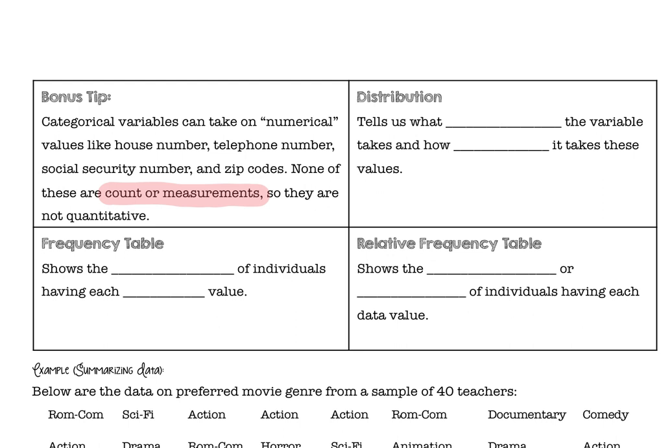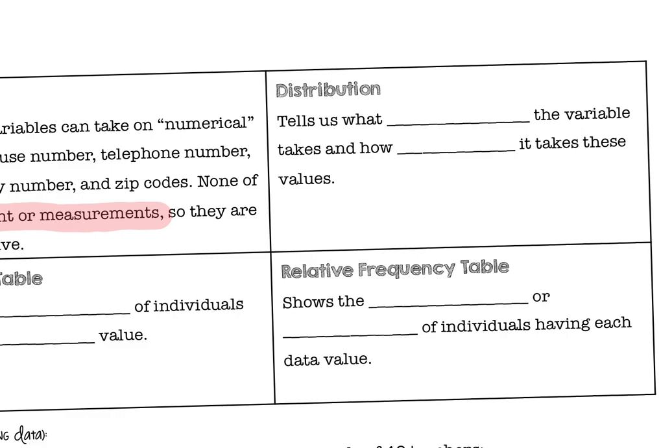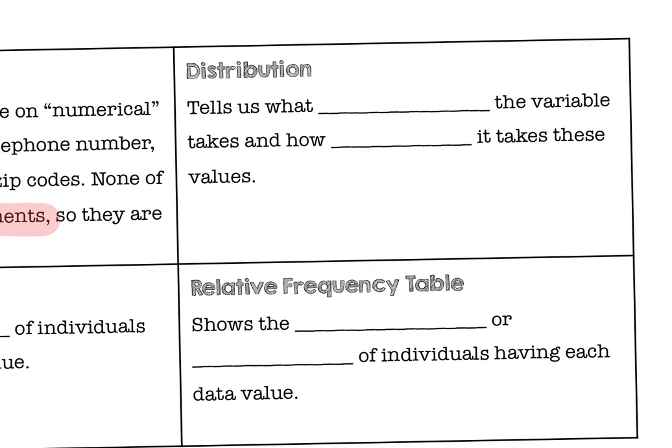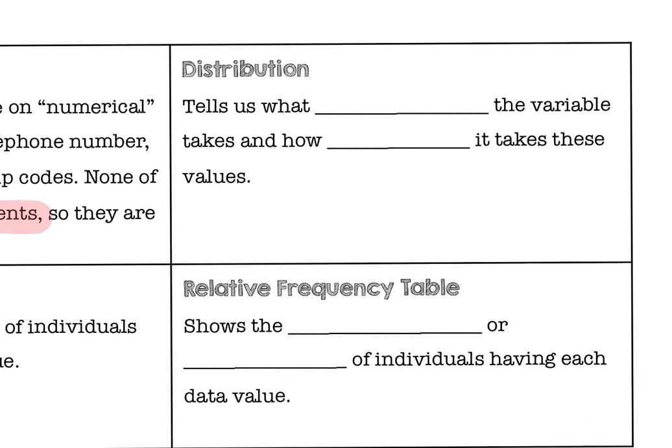Okay, and so now what we're going to do next is we've talked about the variables and quantitative and categorical. Okay, we need to look at, well, how do we analyze data? And the big thing we're going to look at to analyze data is the distribution of the data itself. And what that distribution does, that tells you a lot.